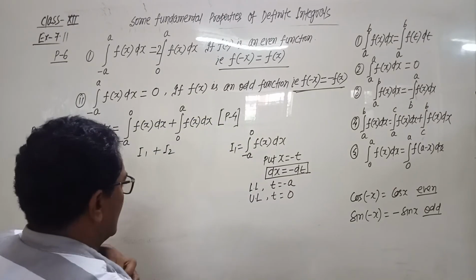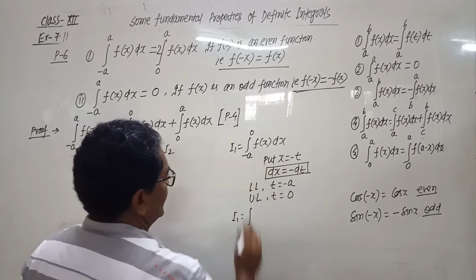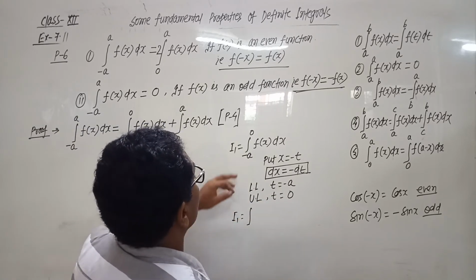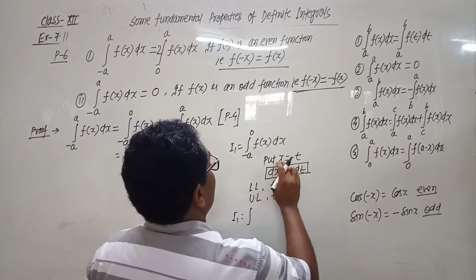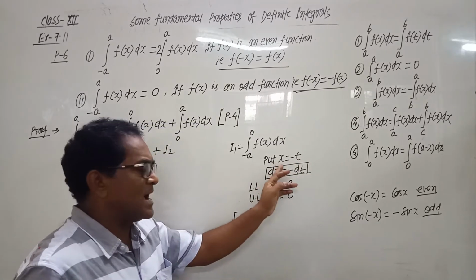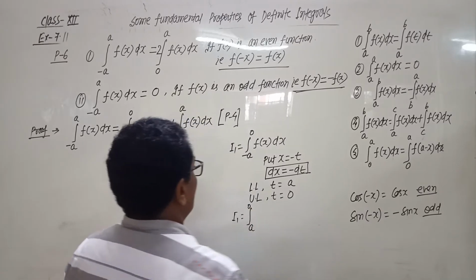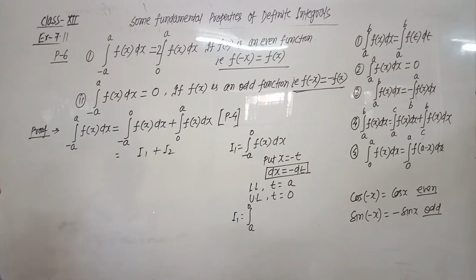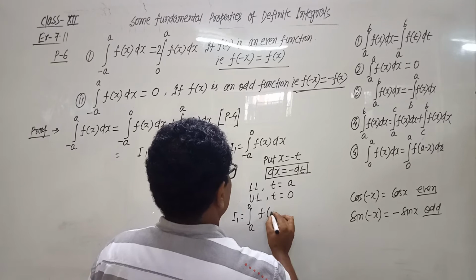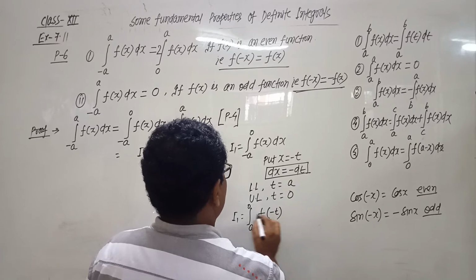So this expression I1 can be written as integration from a to 0, lower limit is a and upper limit is 0, and f(x) is written as f of minus t and dx is written as minus dt.